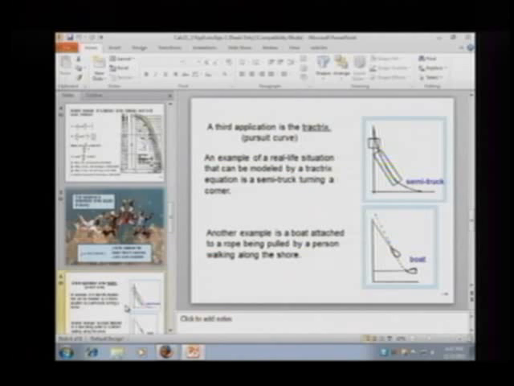That's the only one that matches. Same way if you pull a boat towards a dock, not straight towards you, but off on an angle and you're pulling it in on an angle, it follows that same path.